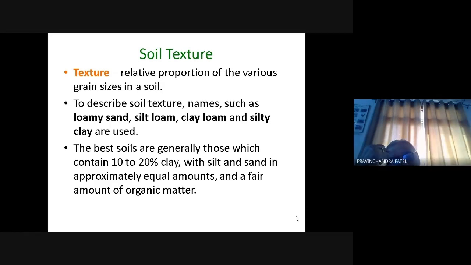To describe soil texture, names such as loamy sand, silt loam, clay loam, sticky clay, sandy loam, and so on are used. The best soils are generally those which contain 10 to 20% clay with silt and sand in approximately equal amounts and a fair amount of organic matter.